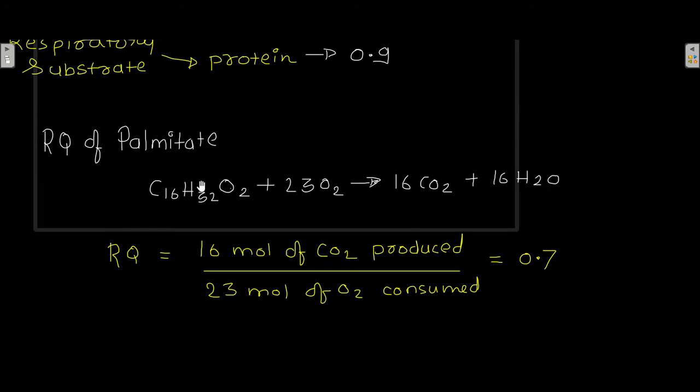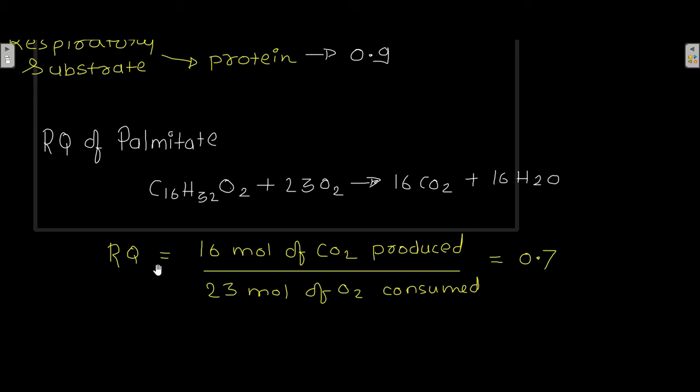Now let's consider one example of fat, that is palmitate. It requires 23 oxygen molecules for its oxidation, and the complete oxidation of this palmitate gives 16 carbon dioxide molecules plus 16 water molecules.